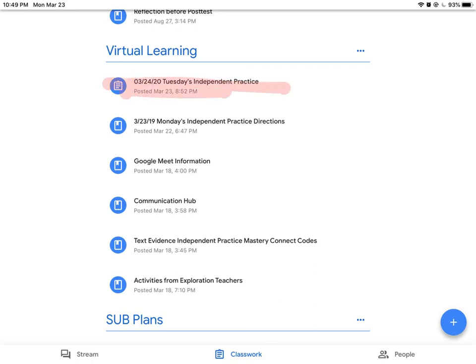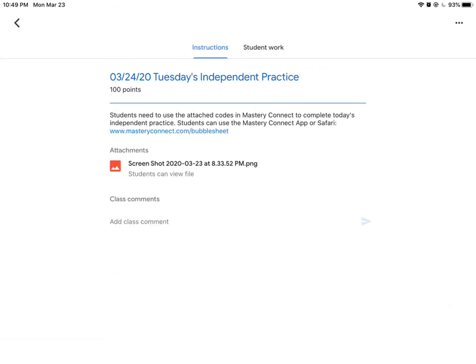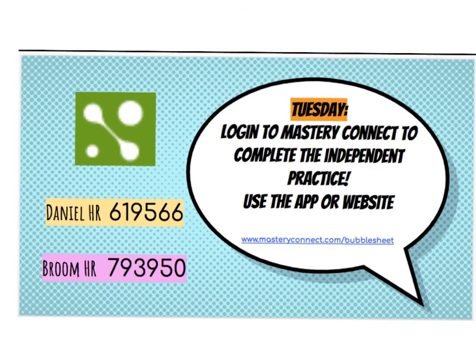It has today's date on the front, 3/24. You will click on that assignment, where it says students need to use the attached codes in Mastery Connect to complete today's independent practice. Students can use the Mastery Connect app or Safari, and I wrote that website there for you. When you click that screenshot, it will show you the codes that you need to do today's independent practice.